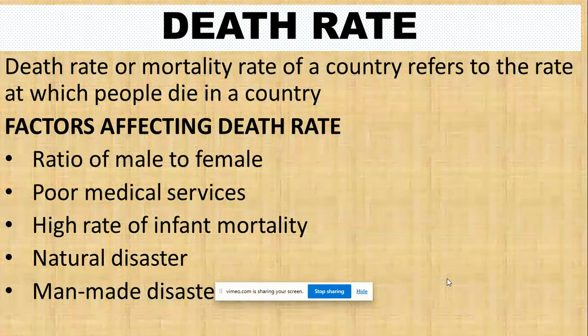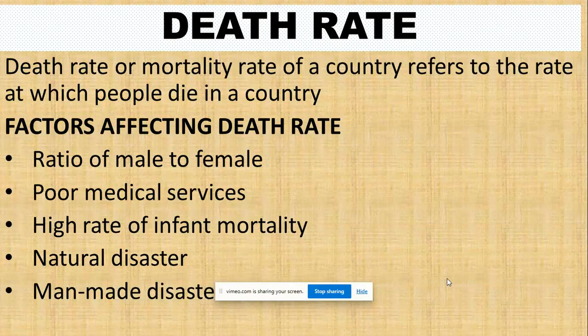And we have discussed the factors affecting the birth rate. So we want to discuss the factors affecting the death rate now. The ratio of male and female is one of the factors that affect the death rate. Then poor medical services, when our hospitals are not well equipped. We don't have enough nurses. We don't have enough doctors to attend to our patients.